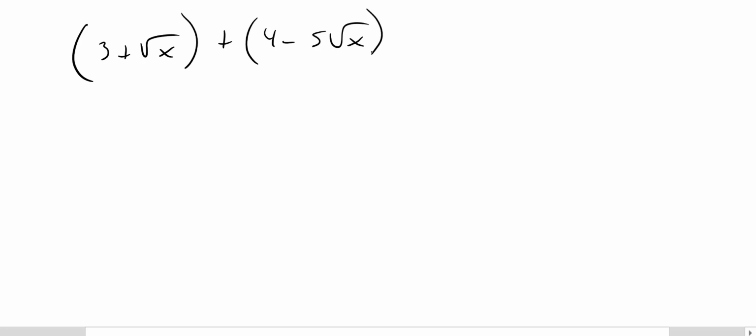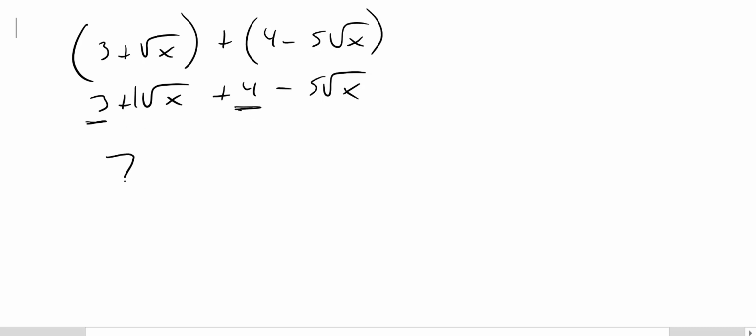You literally just ignore it, and write 3 plus the square root of x plus 4 minus 5 square root of x. So you combine like terms. Now, be careful, in front of that square root of x, there's really a 1 here. So it might help to write it in there, because then when I say 3 plus 4 is 7, and 1 square root of x minus 5 square root of x is negative 4 square root of x. And that's actually your answer.